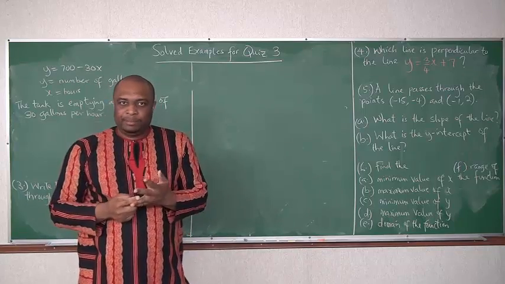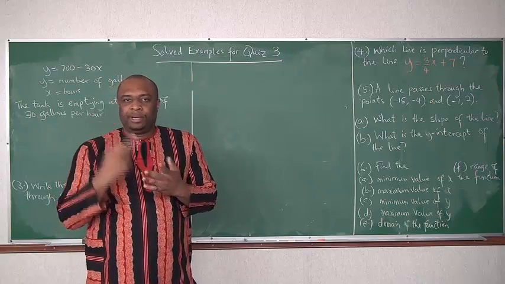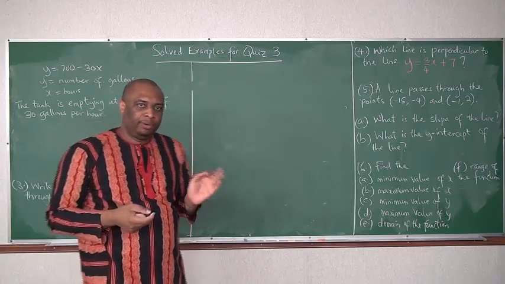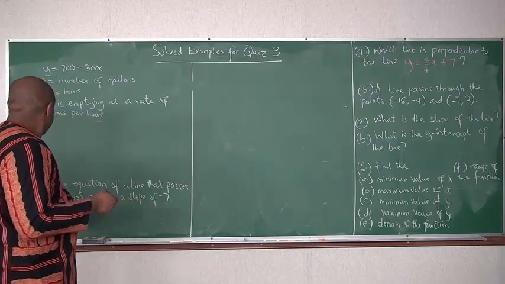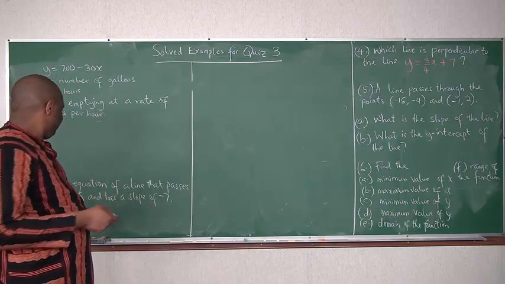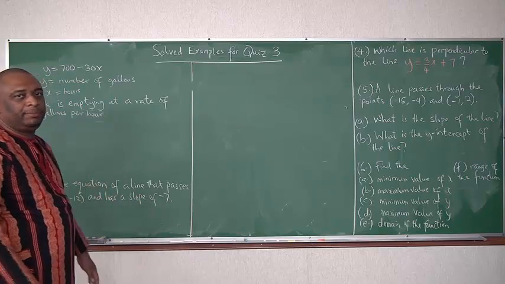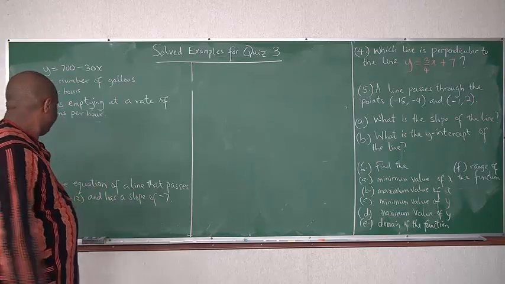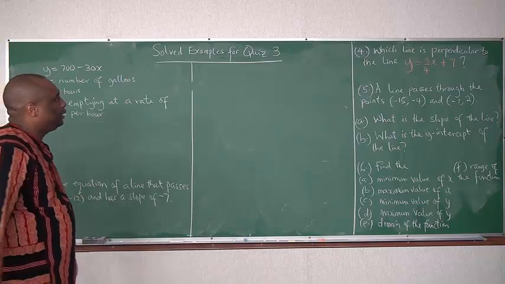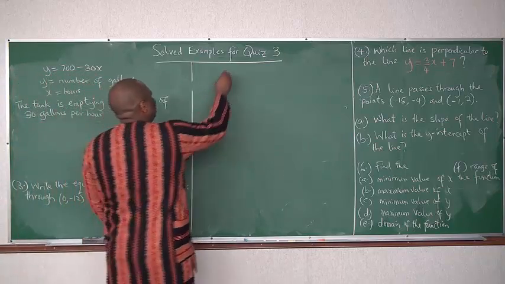You can write it in slope-intercept form. You can write it in point-slope form. Point-slope form is used when you have a point and a slope. So we can write this in point-slope form.